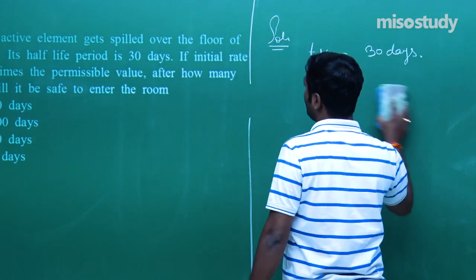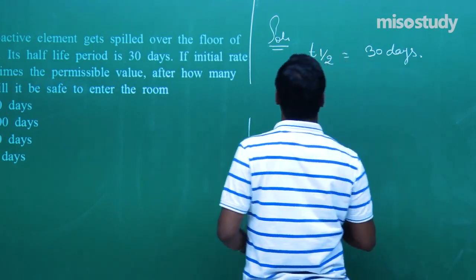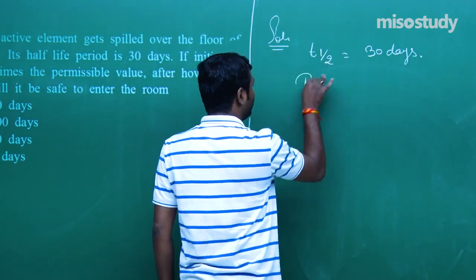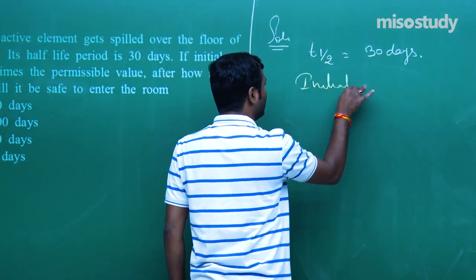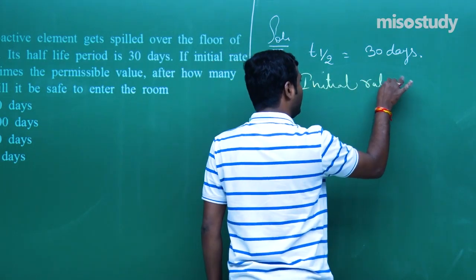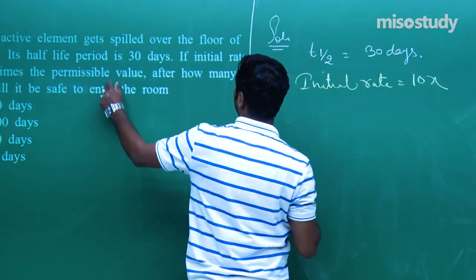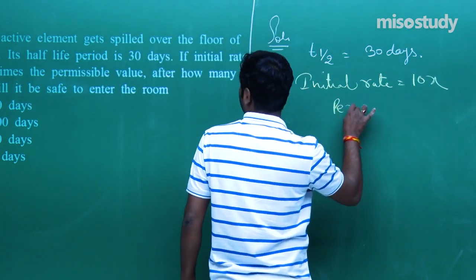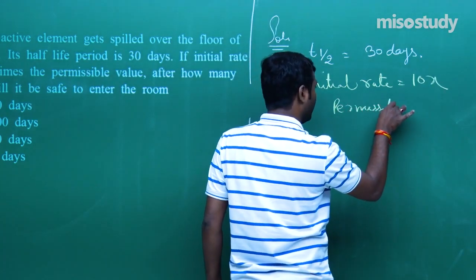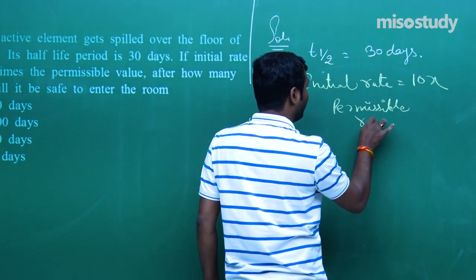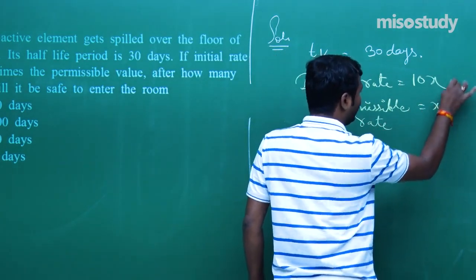Clear to you? So if the initial rate is 10 times the permissible value, we can write the initial rate is equal to 10x, and the permissible rate is x.